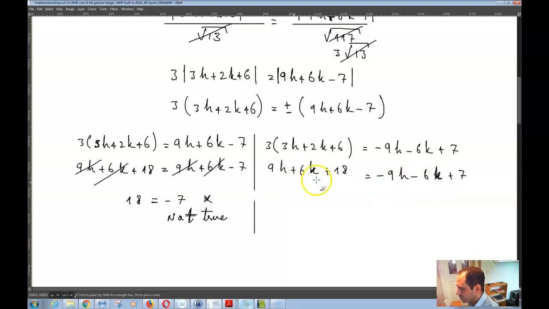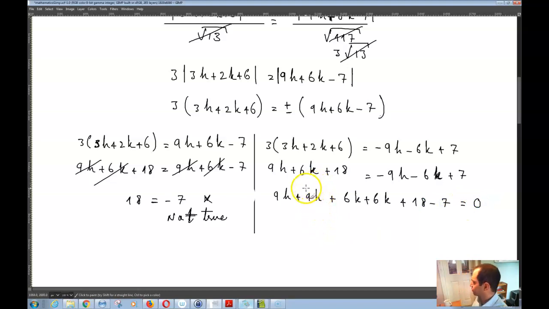So if I take everything to one side of the equation, I will get basically 9h plus 9h plus 6k plus 6k plus 18 minus 7 is equal to 0. Okay, so that is 18h plus 12k plus 11 is equal to 0.